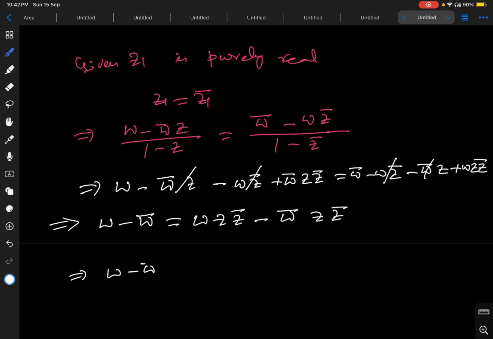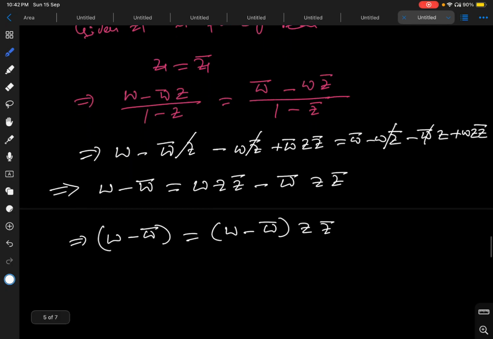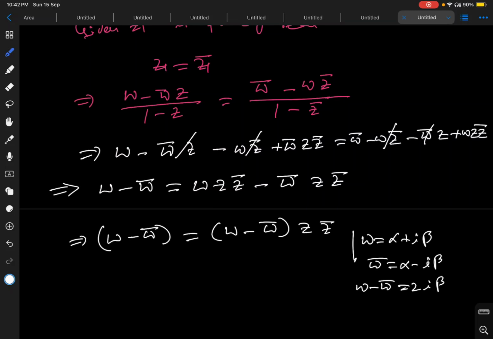So this is (omega minus omega bar) times z z bar. Since omega is of the form alpha plus i beta, omega bar will be alpha minus i beta, and omega minus omega bar will be 2i beta. And since beta is non-zero, as given in the statement, omega minus omega bar is also non-zero.